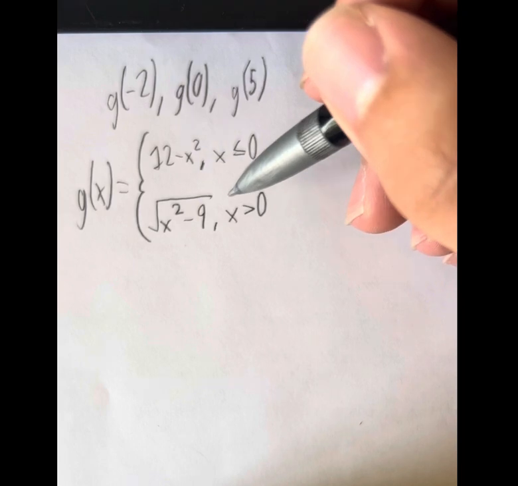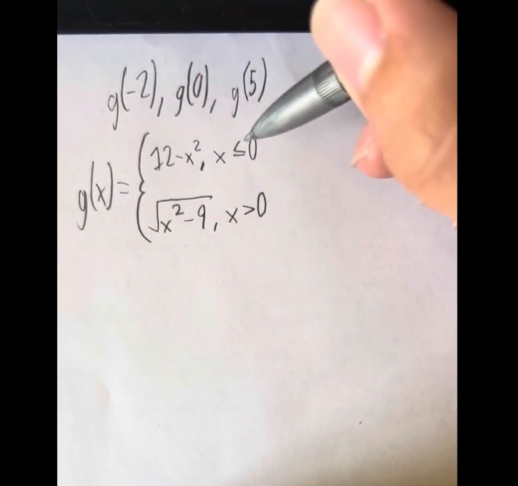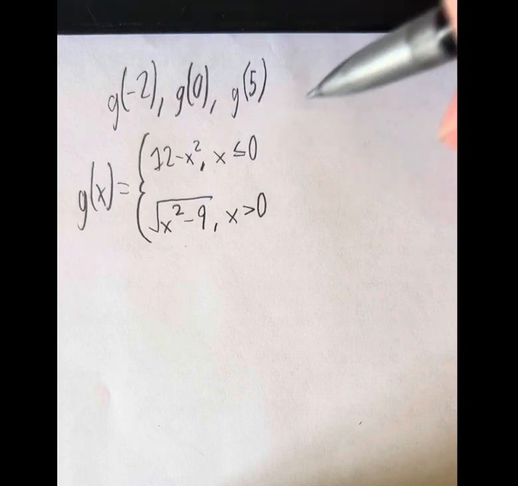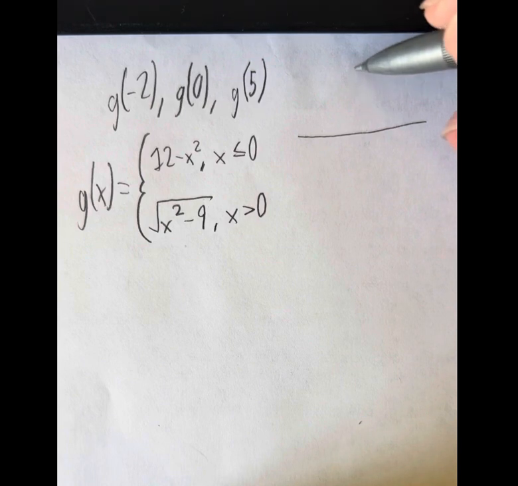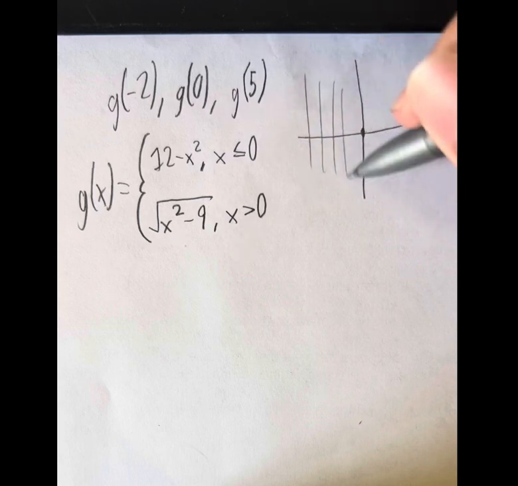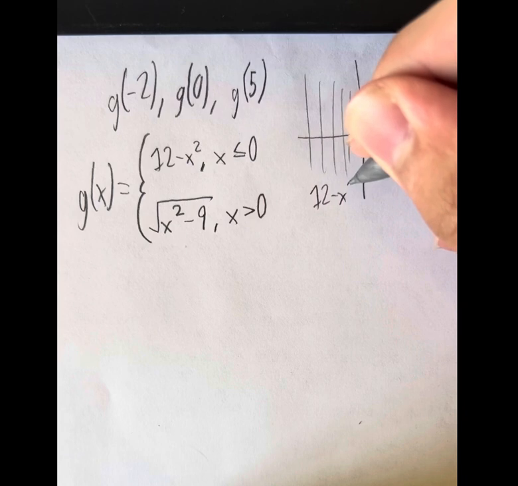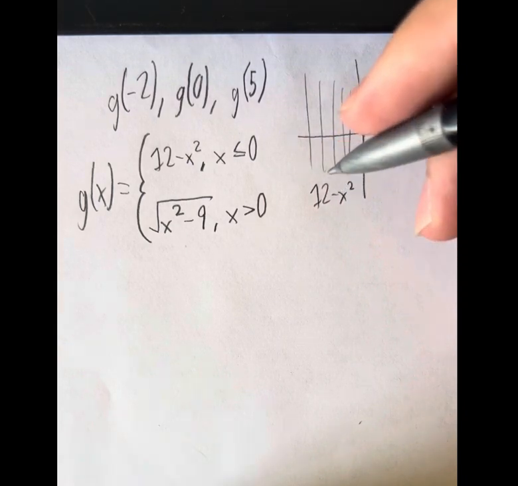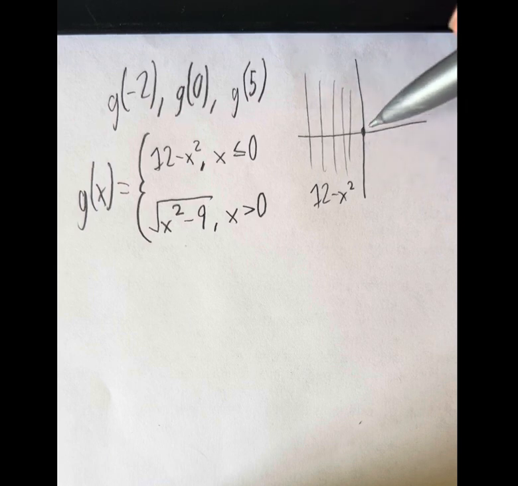What this means is that when x is less than or equal to 0, so in other words, let me graph this. When it is either at 0 right here or somewhere on this side, g of x is going to be 12 minus x squared. So this is the equation you would use for any intervals that are in this shaded area or at 0.